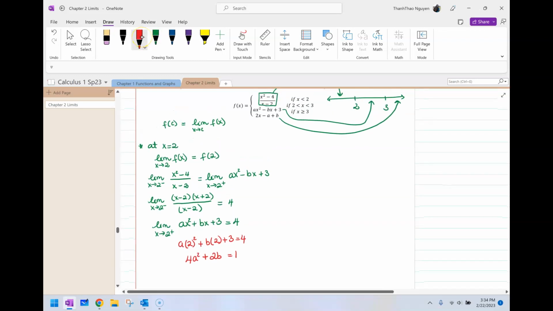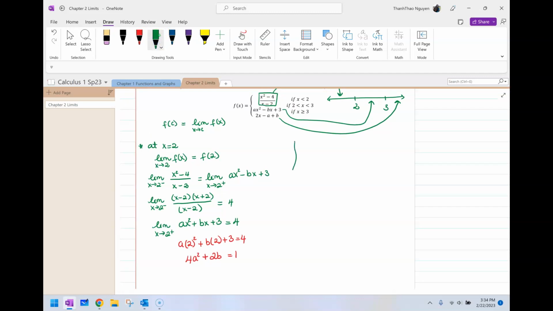Now let's take a look at what happens at 3. At x equal 3, we want the limit as x approaches 3 from the right of f of x to equal the limit as x approaches 3 from the left of f of x.